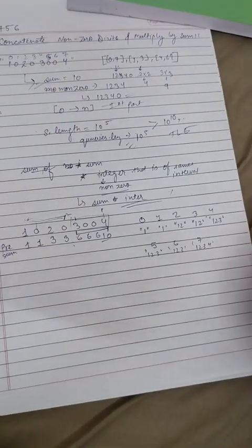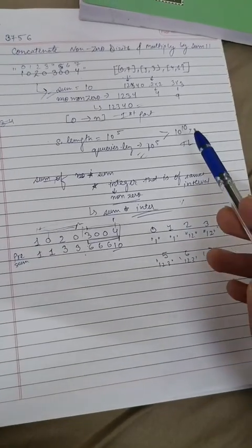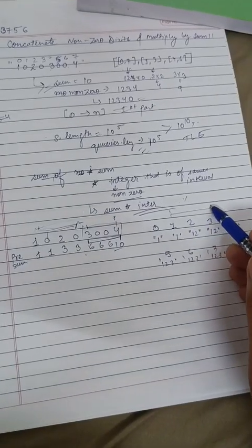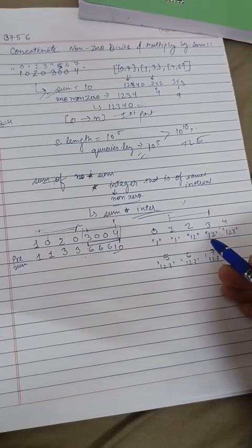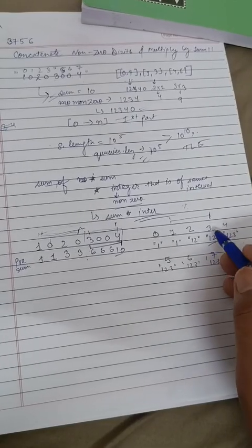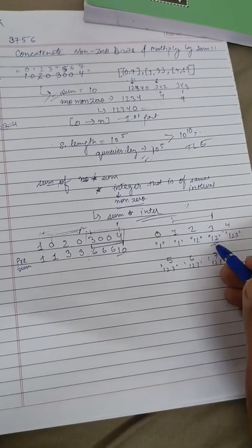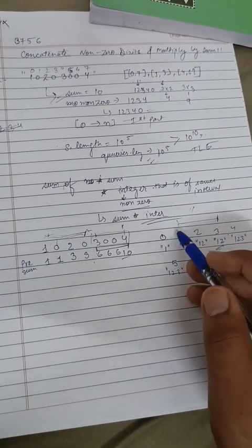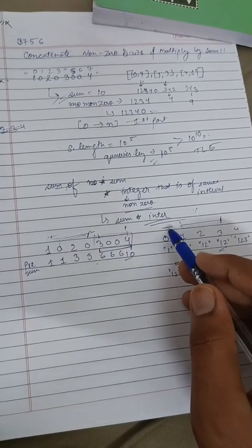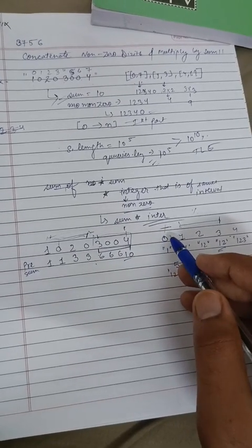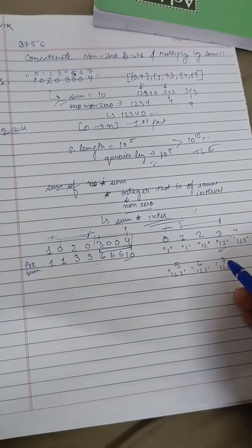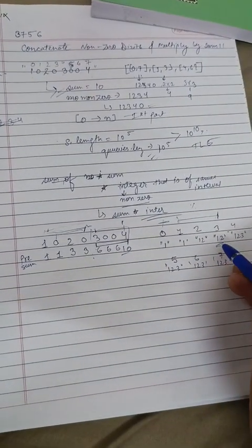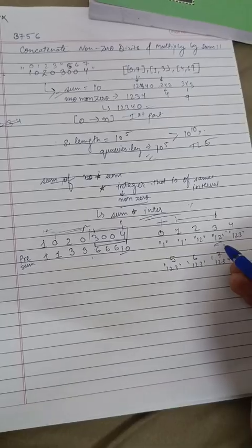Say I have to find the interval 1 comma 3. Then the string at the third index is 1 2, and I have to find this interval. So I subtract the string at the 0th index from the string at index 3, and I will receive this integer.